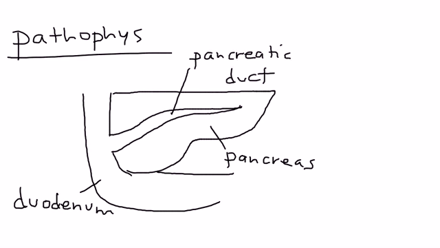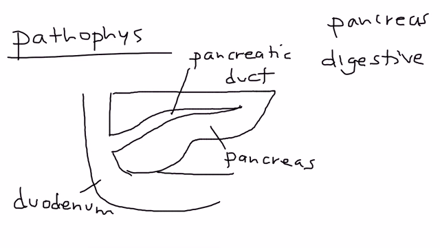Now, normally what happens is the pancreas is responsible for producing digestive enzymes. These digestive enzymes are produced by the pancreas, and they're released into the pancreatic duct. I'll illustrate them with these orange dots.